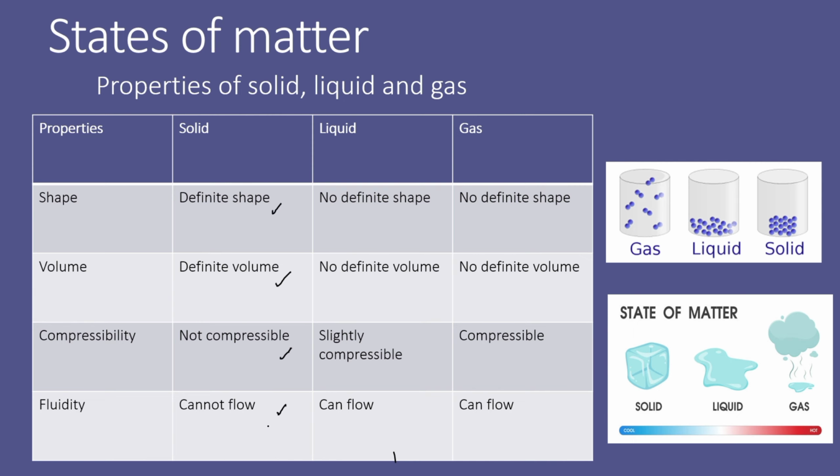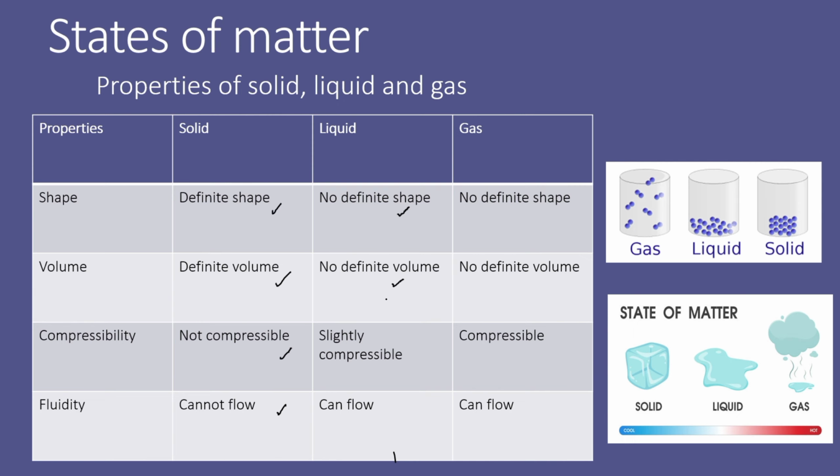In the case of liquids, the particles are loosely held, that's why liquids do not have a definite shape and they take the shape of the container, but still liquids have a definite volume. Like if you say 500 ml of water, 500 ml is a quantity that represents the volume of the liquid.